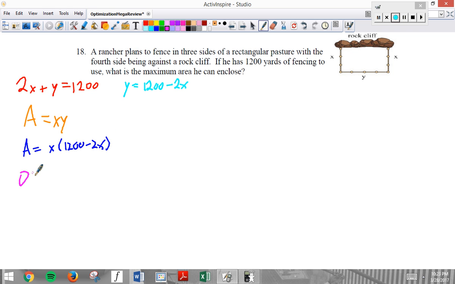The domain of this little function. Clearly x has to be a positive number if it's the side of a rectangle. Is there no end of x? Yes, there is. If x was bigger than 600, why wouldn't it be a side? Because we've used up all of the perimeter, all of the fence just to make these two sides. Okay. Simplifying.